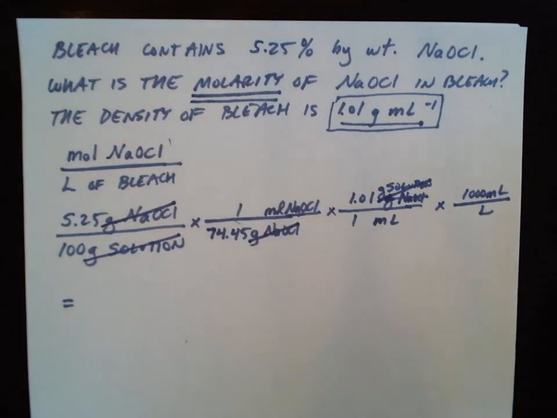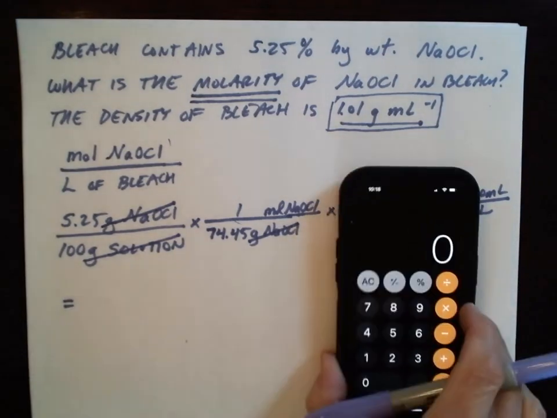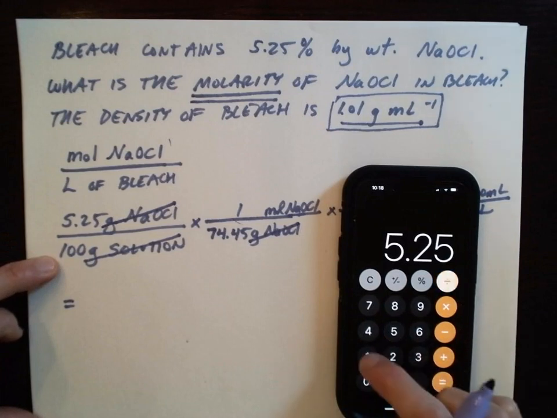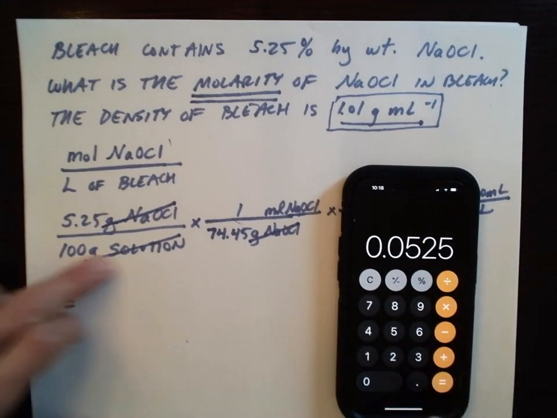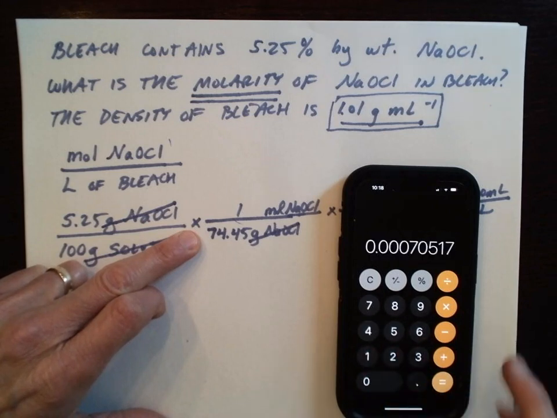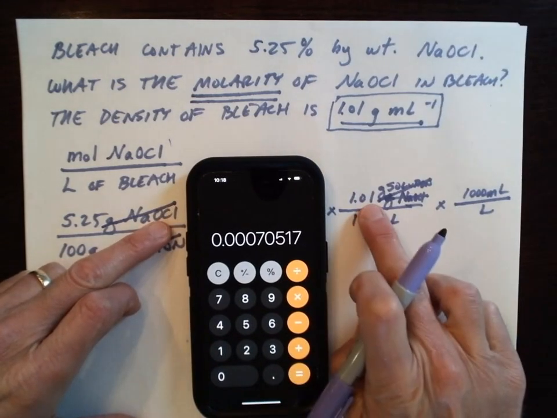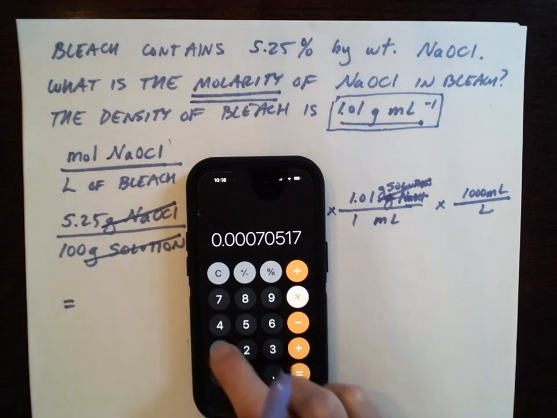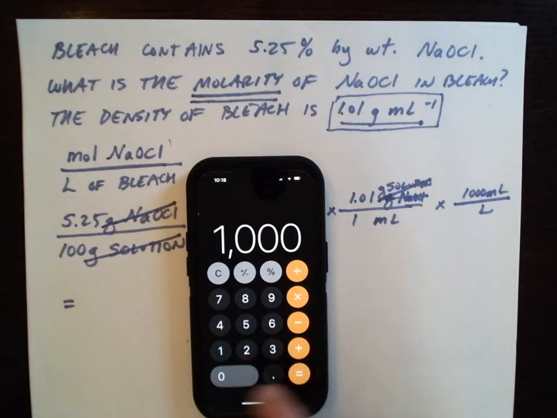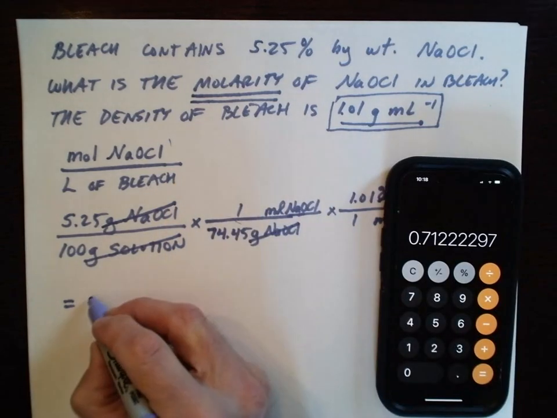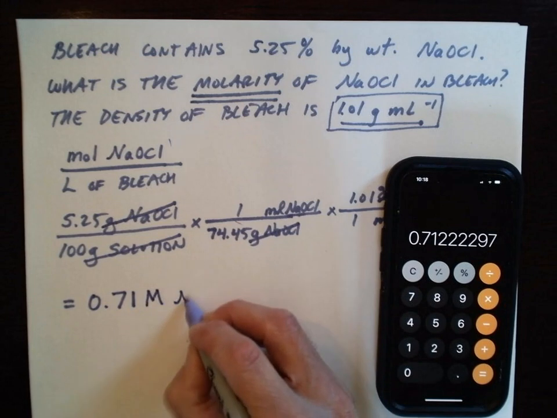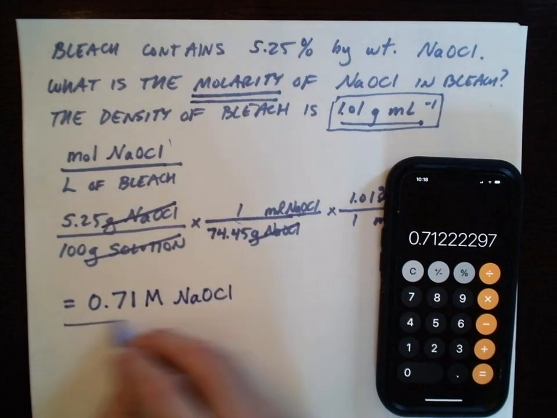So now it's just doing the arithmetic. 5.25 divided by 100, divided by 74.45, times 1.01, times 1,000. So it looks like bleach is roughly 0.71 molar in sodium hypochlorite.